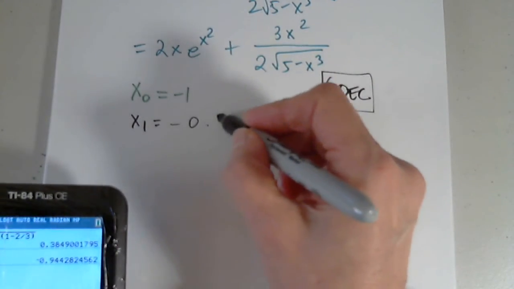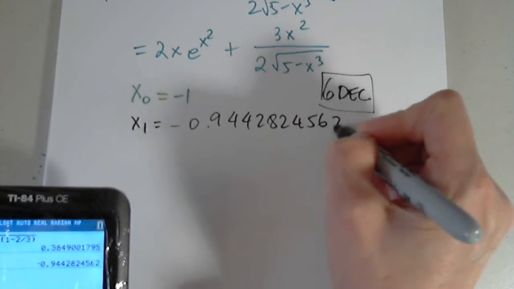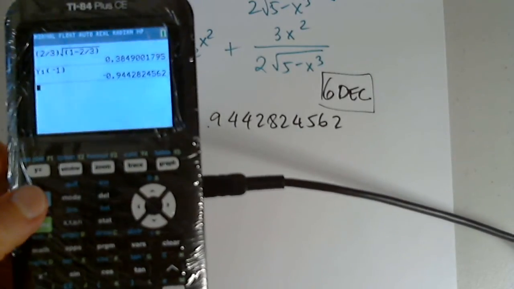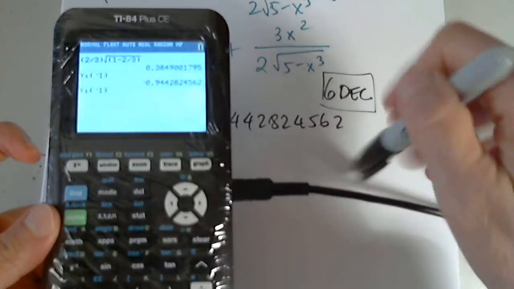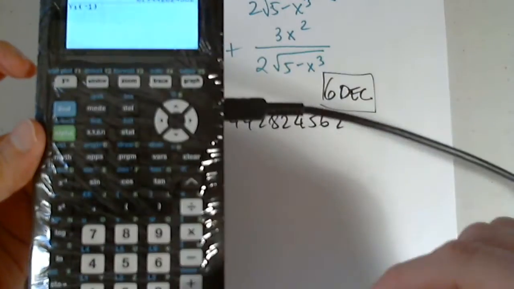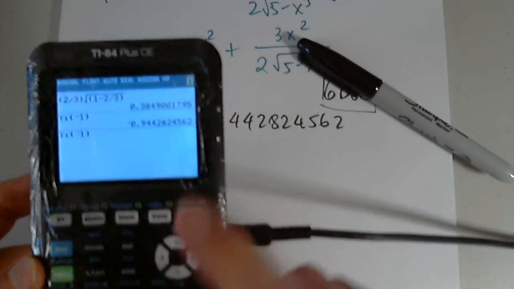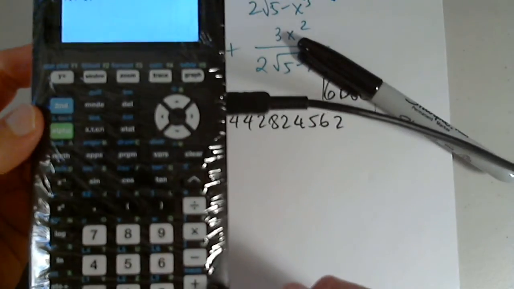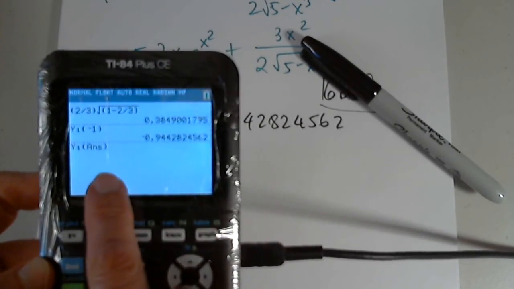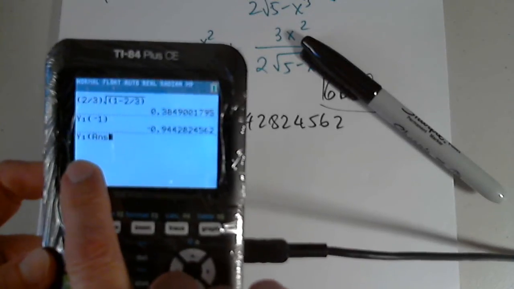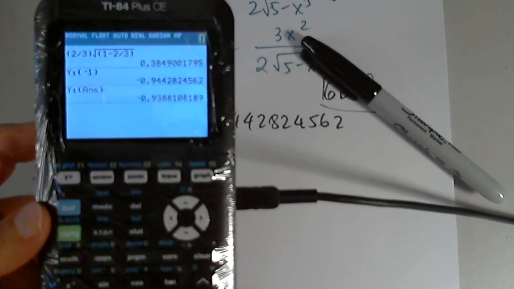So I have negative 0.94428245562. And then I recall with second entry, but I have to overwrite -1 with second and minus, with the previous answer. Make sure you delete anything else. You should only have y1 of, in parentheses, previous answer. And I press enter.